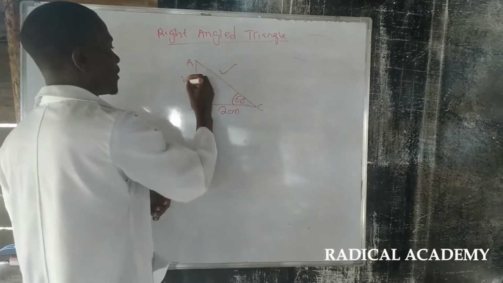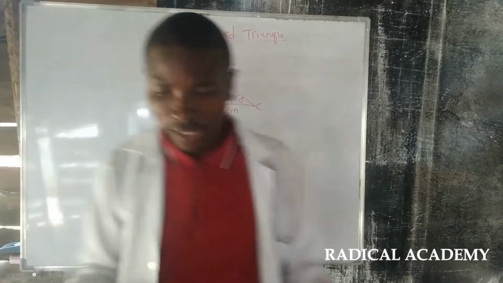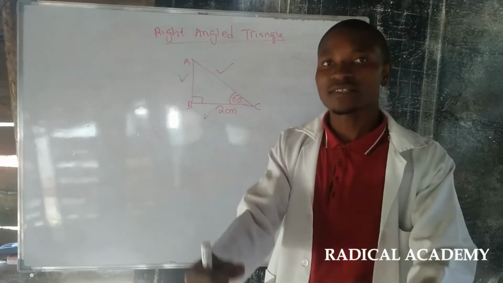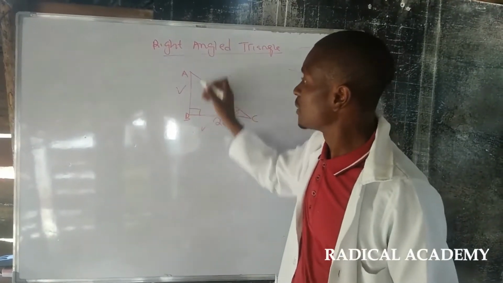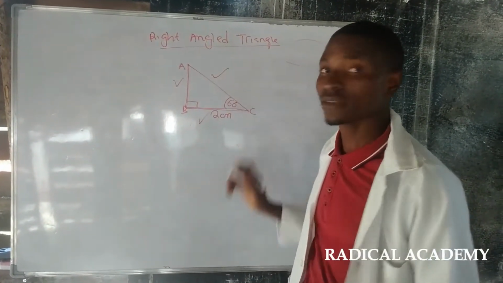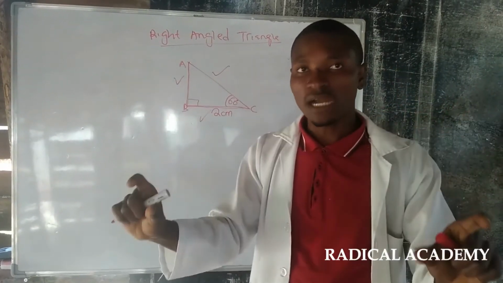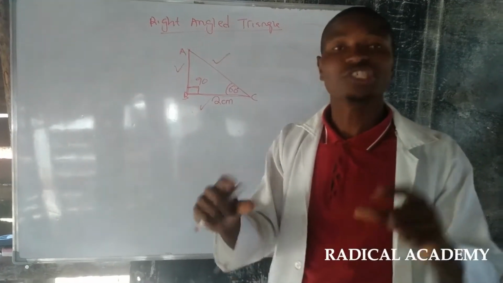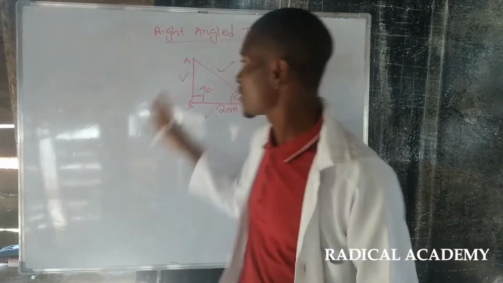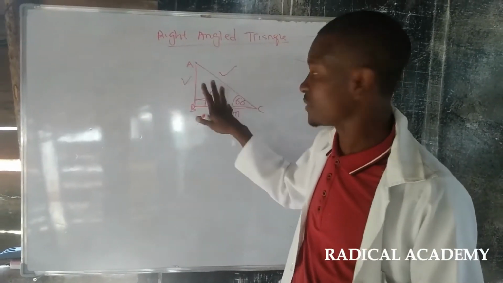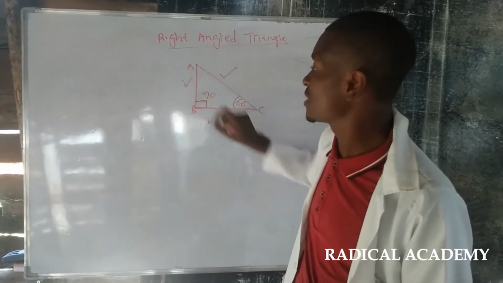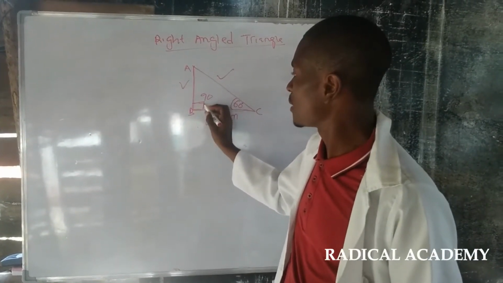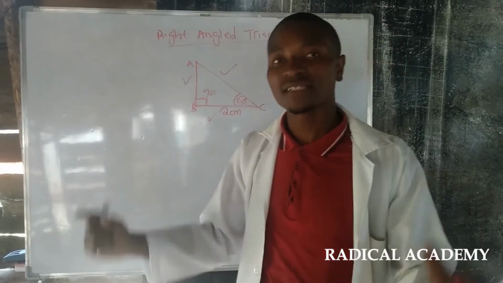To identify that this is a right angle triangle, this line and this line make a proper angle of 90 degrees. So whichever trigonometry question you come across, the triangle shows a symbol like this one, which represents a 90 degree angle.